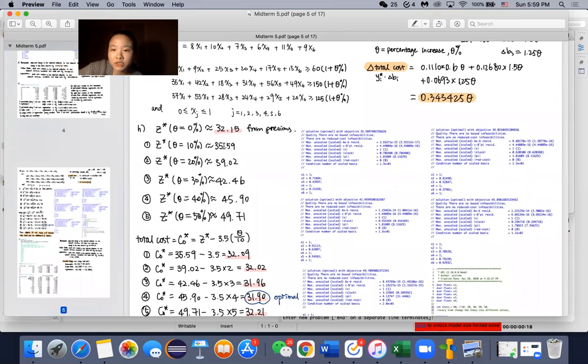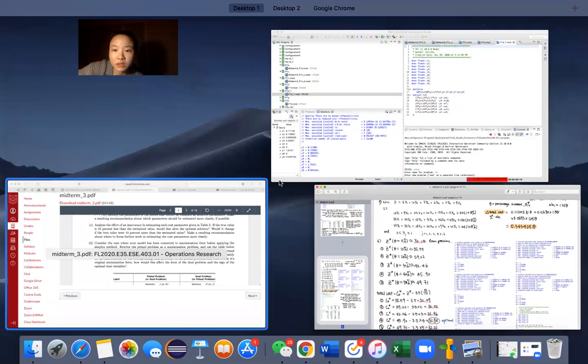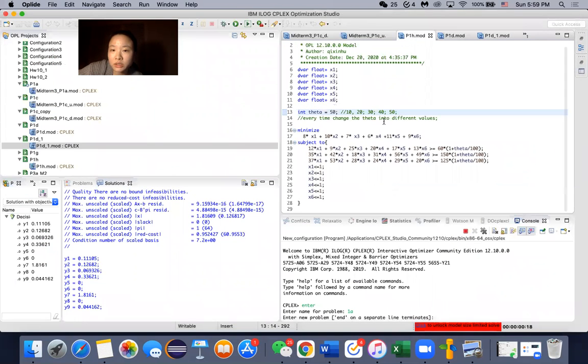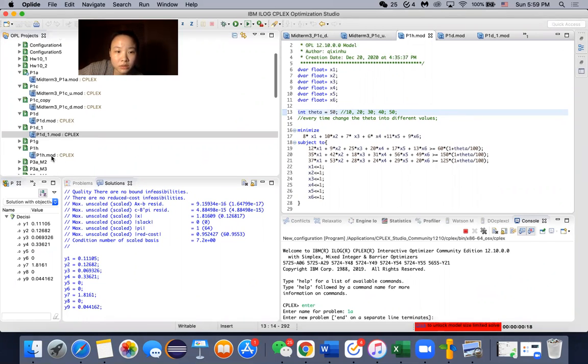For part H, it asks you to calculate for 10, 20, 30, 45, 50. My code is here. Every time I change theta into different values, and I can run here.